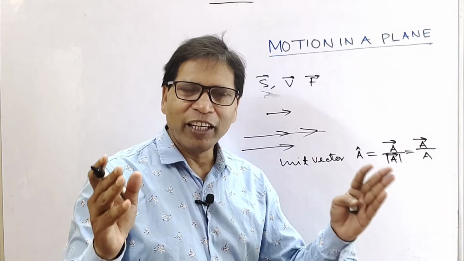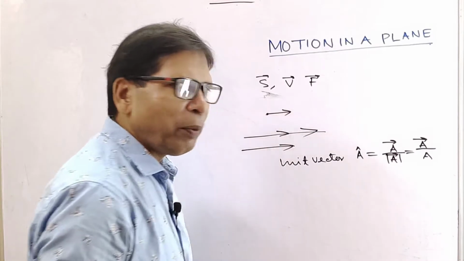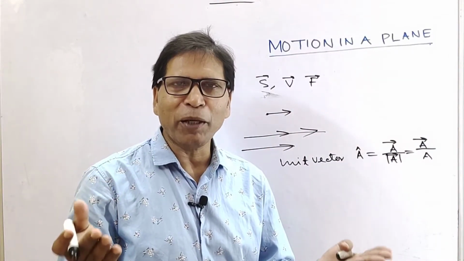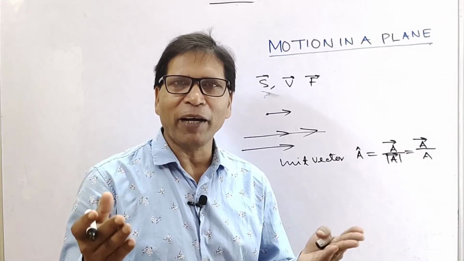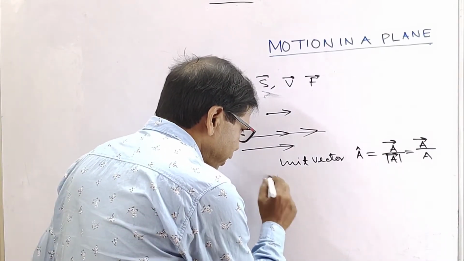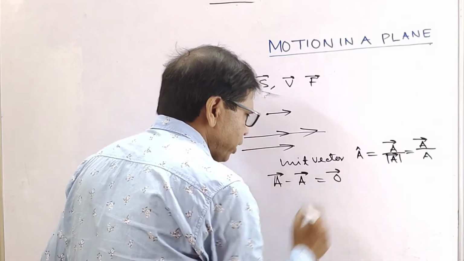Now null vector. If the initial and final point of a vector coincide, then the magnitude of the vector is 0. This vector is called a null vector or zero vector. Look at this: A vector minus A vector equals zero vector.